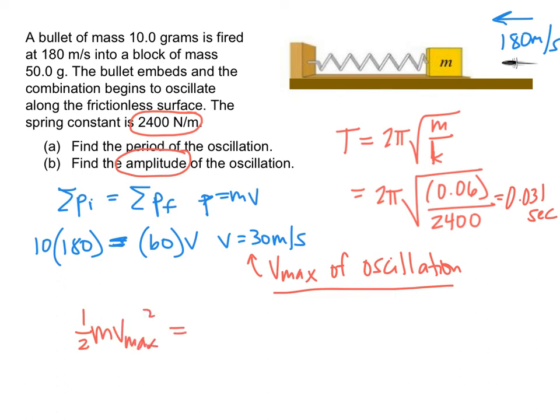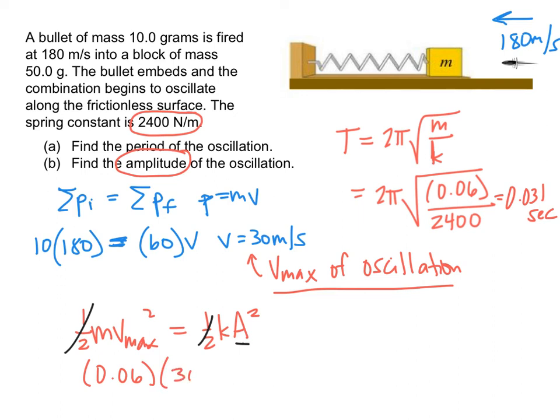And then when it's pushed all the way as far as it can go at that moment in its motion, all of the energy would be in potential energy. I'm ignoring all the points in between. I'm just comparing these two moments so that I can find this unknown amplitude. My 1/2s cancel out. That happens often in these problems. The mass needs to be the total mass of everything that is oscillating, so that's the 0.06 kilograms.